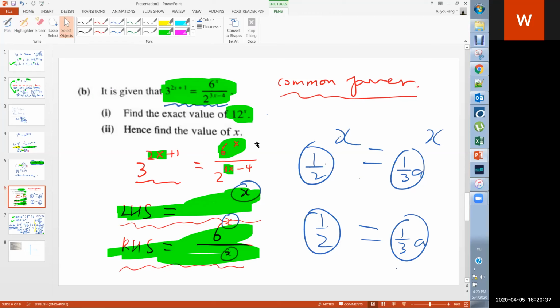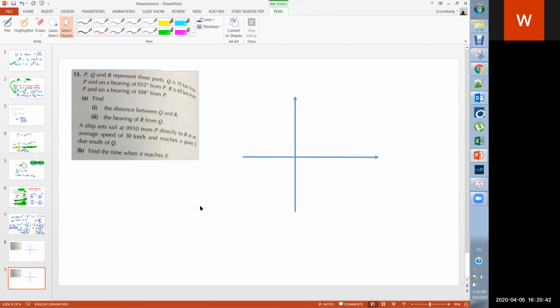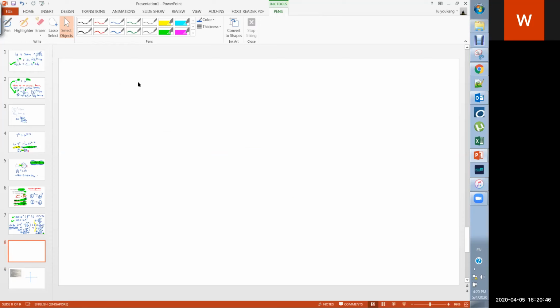If I need to give you a summary, the three techniques are: Method 1, common base, equate the power.